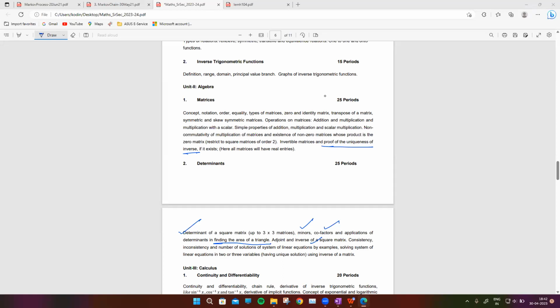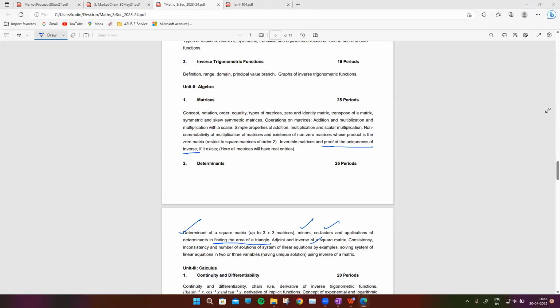During previous years, the solution of a system of linear equations was not in the syllabus, though all the competitive exams include this syllabus. This time we will learn how to use the inverse of a square matrix in solving a system of linear equations.